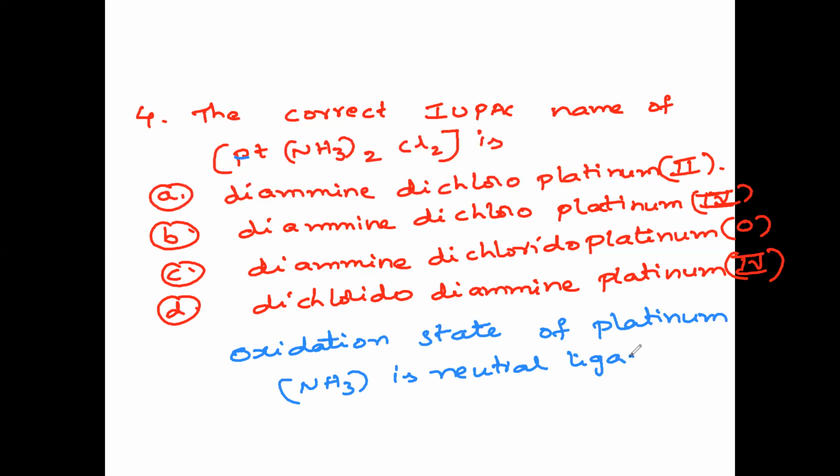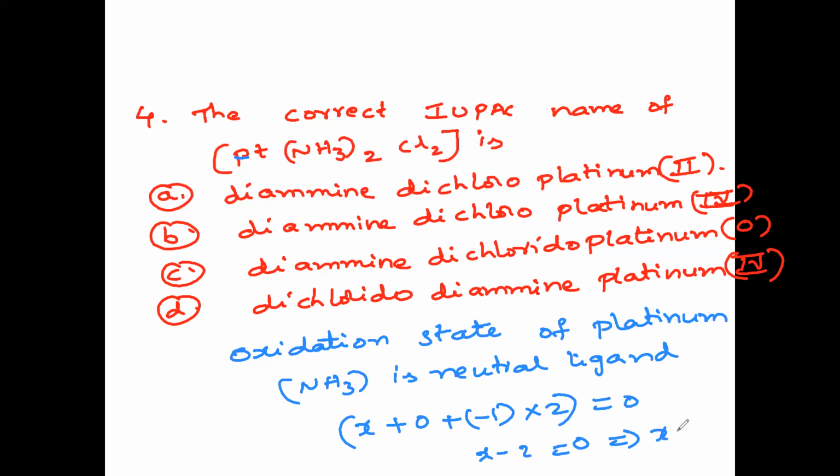So we can say x + 0 + 2(-1) = 0. By this you can say x - 2 = 0. So x = +2, where x is the oxidation state of platinum.